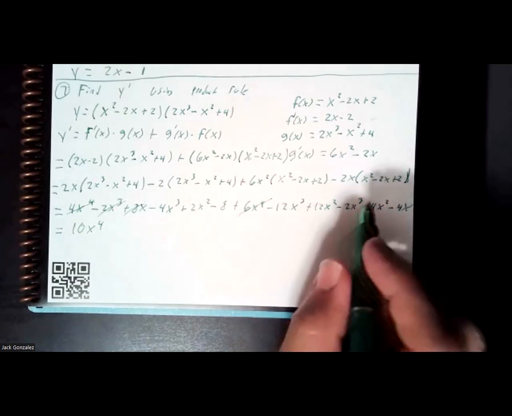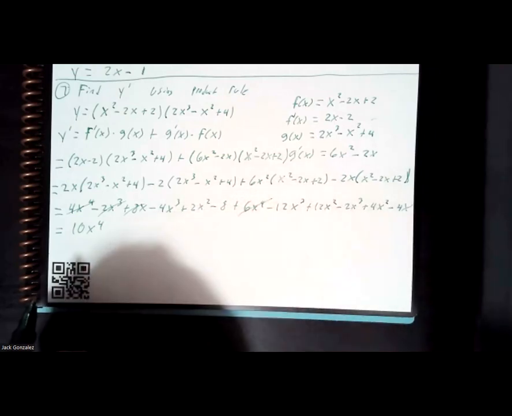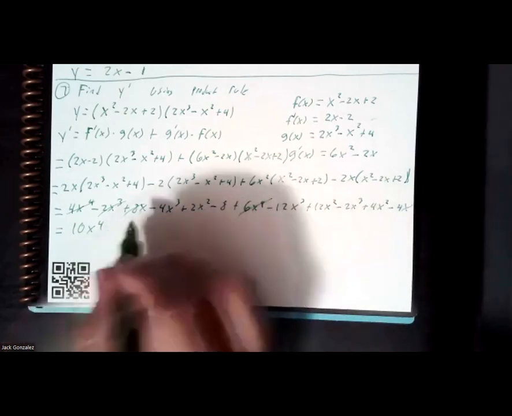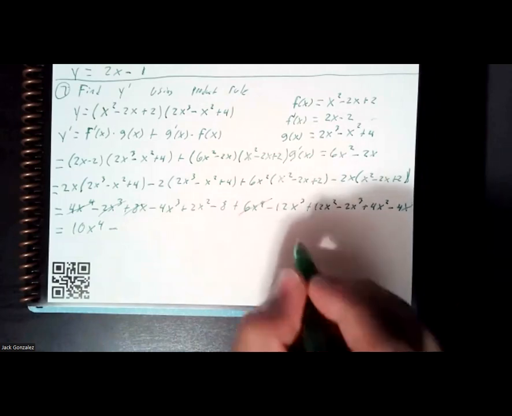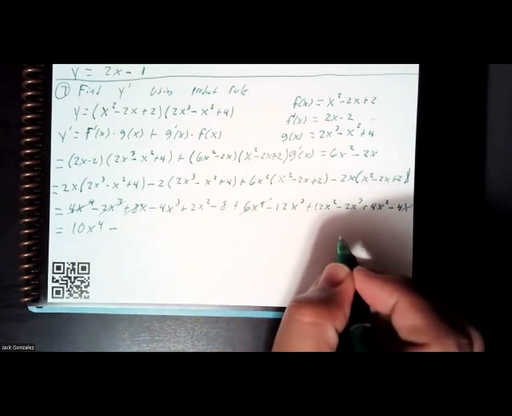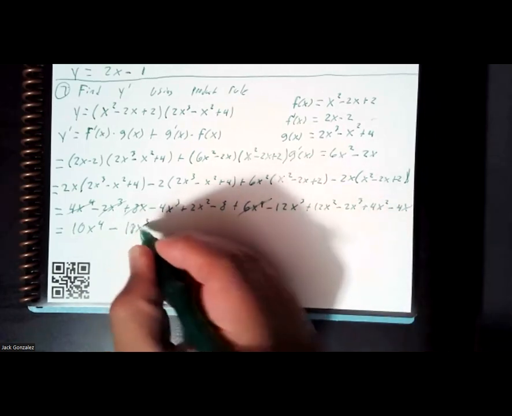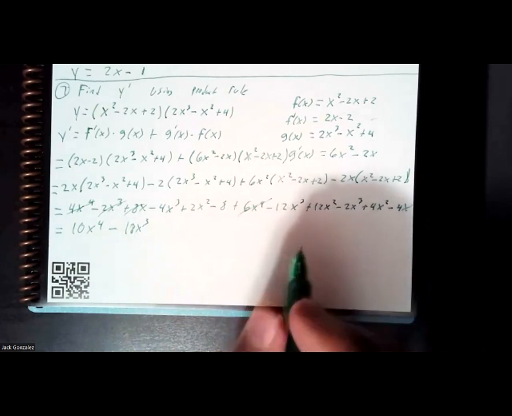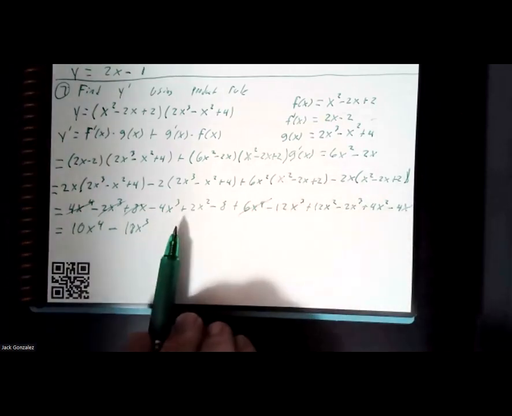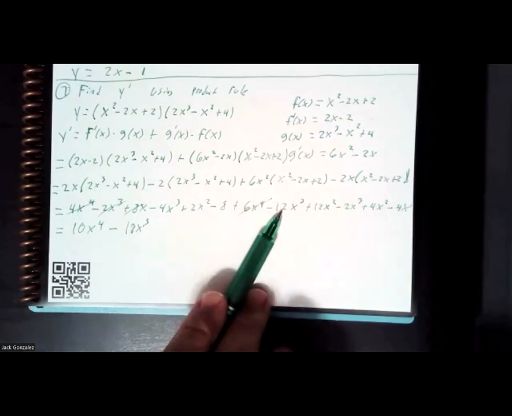Okay, so let's double checking again. Oh, there's a cube here. 16, no, 18. Right? Negative 4. Negative 12 is 16.